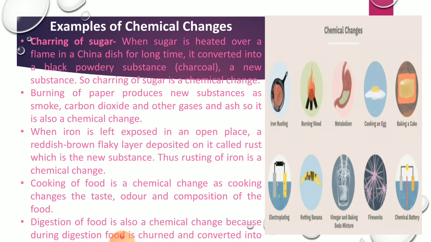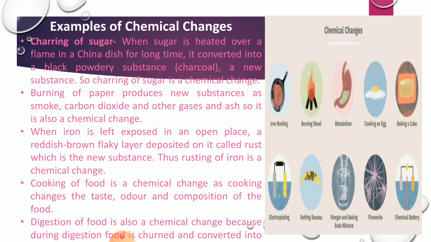Then when iron is left exposed in open air, oxygen is present, all of us know. And when a great amount of water vapor is present in air, then water vapor, oxygen, and iron, these three react together and form a reddish brown flaky substance that gets deposited on the surface of iron.